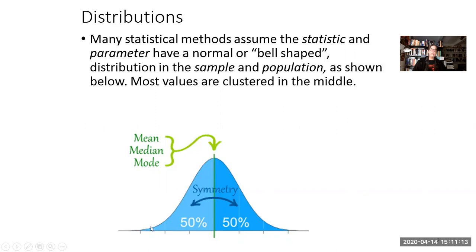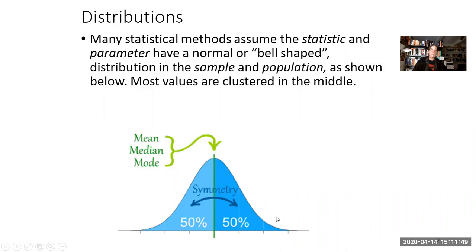Along this axis would be the particular value, like say it was height, you might have 6 feet here, 6'2", 6'3", 5'9", and so forth. And then this axis, the y-axis, would represent the proportion or number of individuals that shared that same value on the x-axis.